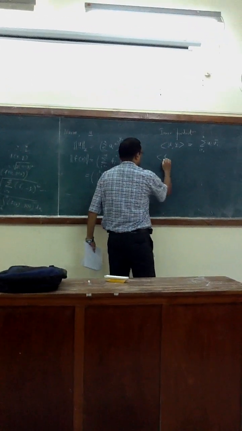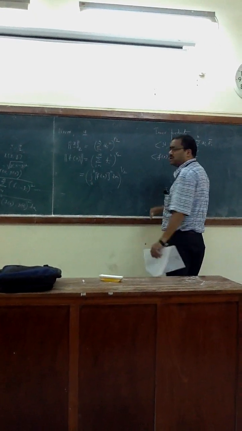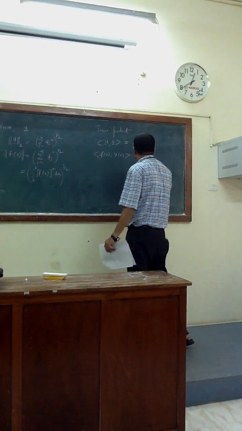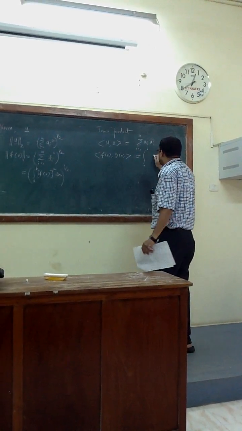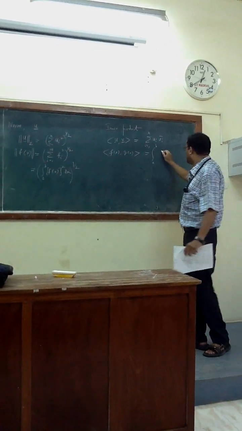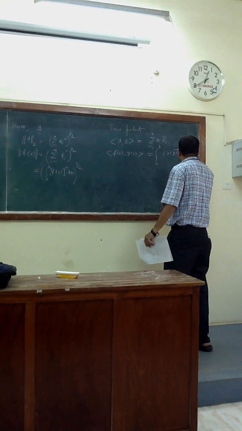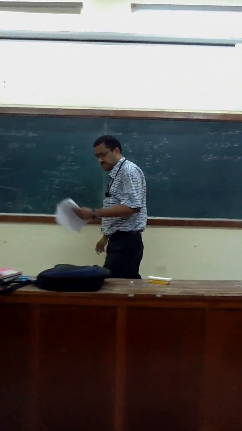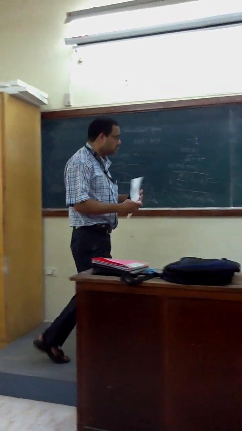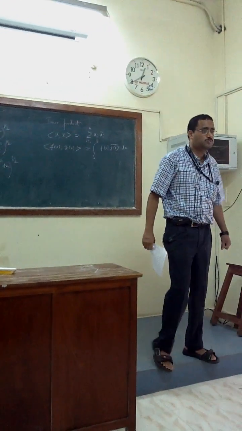Inner product of f(x) and g(x) should directly be written as integral a to b, f(x) g(x) bar. Excellent. So everything is valid, whatever we have learned in vector space.